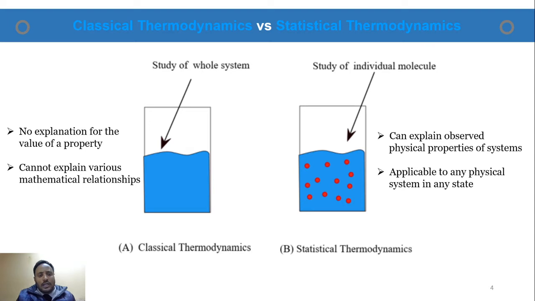Further, it also cannot explain many thermodynamical relationships. Statistical thermodynamics, which uses the properties of matter at the microscopic level, can very well explain many of the physical properties of systems. It is applicable to any physical system in any state of matter.